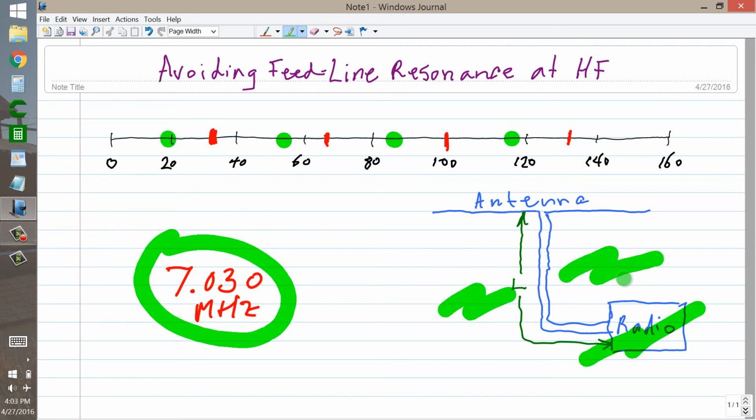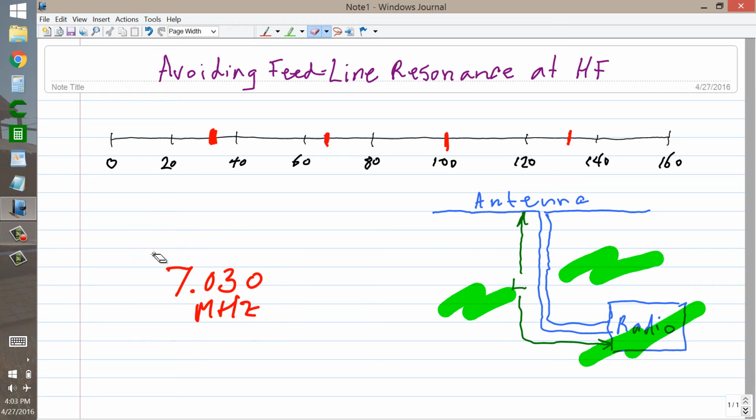Now, if you're going to make a multi-band antenna, you're going to grossly complicate your situation. It's going to make things more difficult for you. Let's say that you also want to use this antenna on 20 meters at, say, 14.030 megahertz.